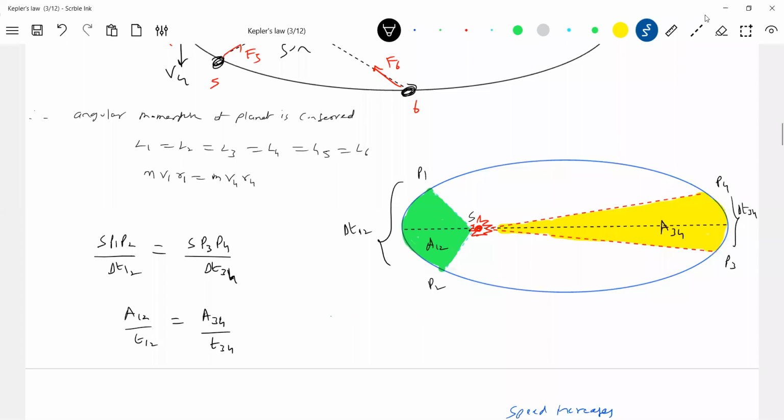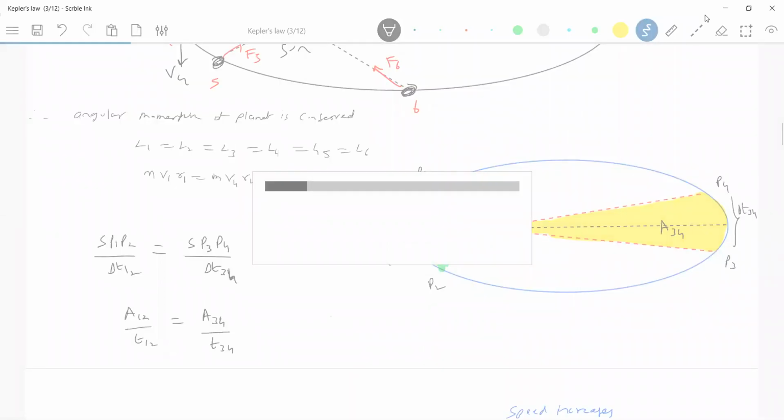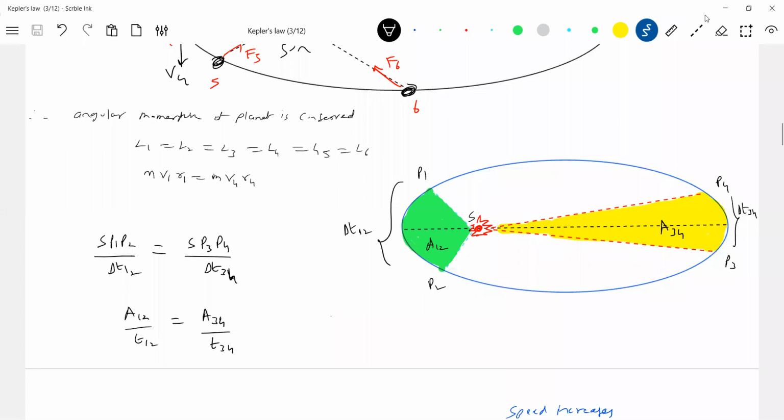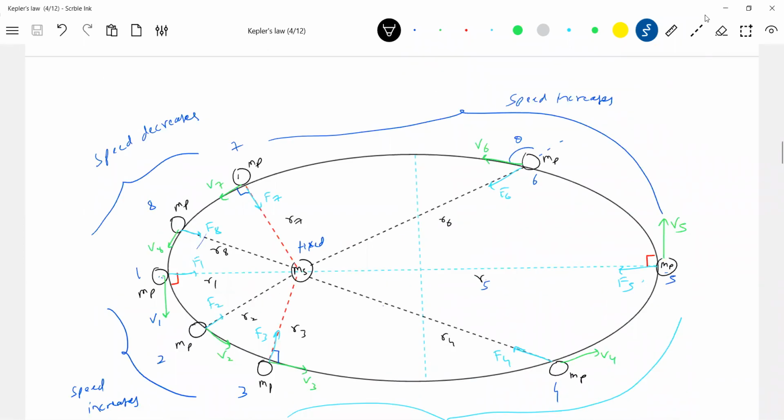Okay, now I'll go to Kepler's third law. This is about the second law, overall the description of that. Nobody will ask you to prove Kepler's second law, but for numerical solving, we need this much of background.